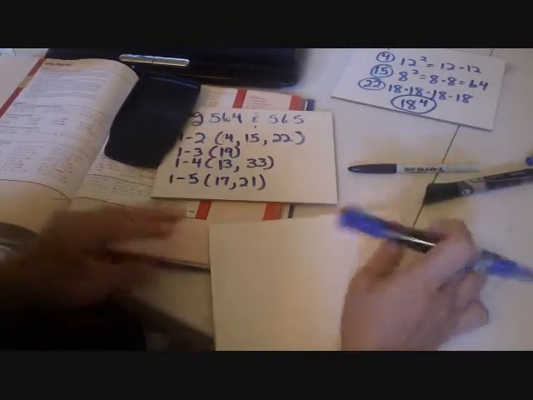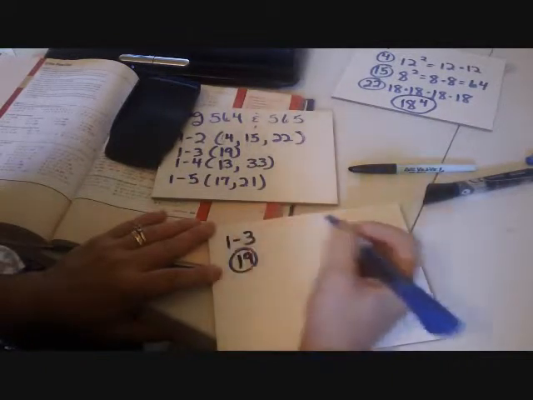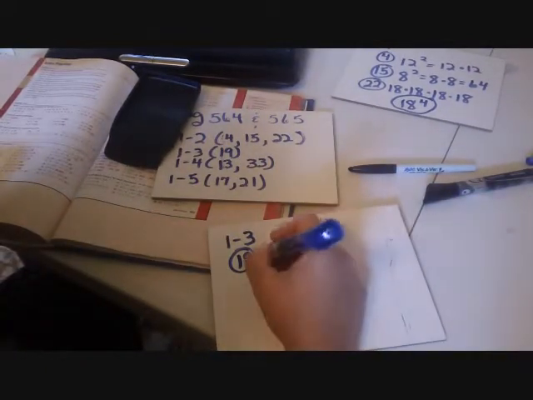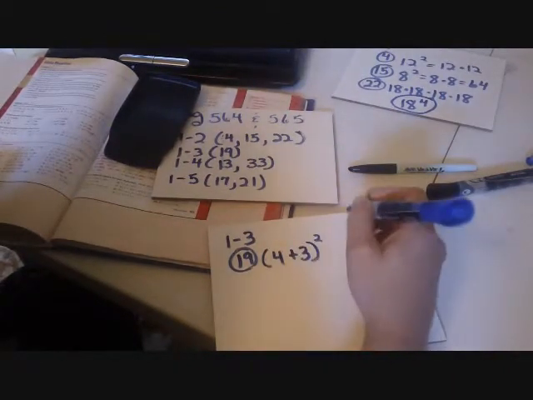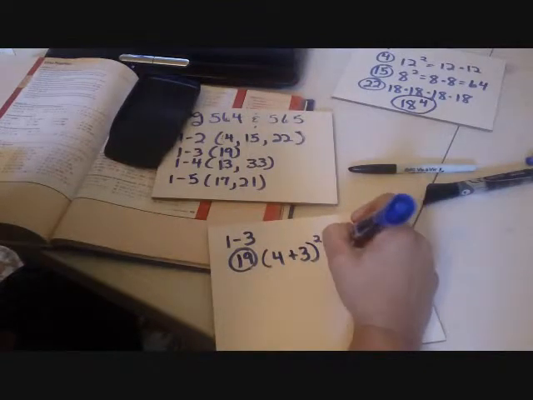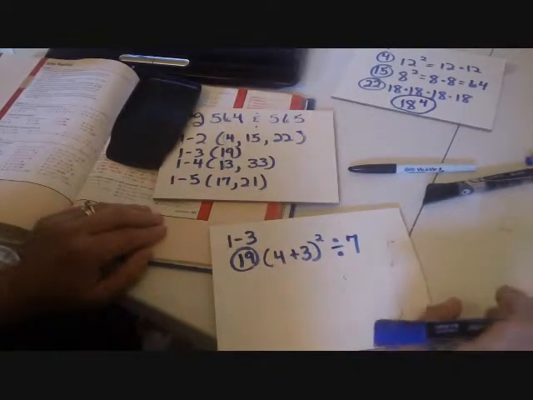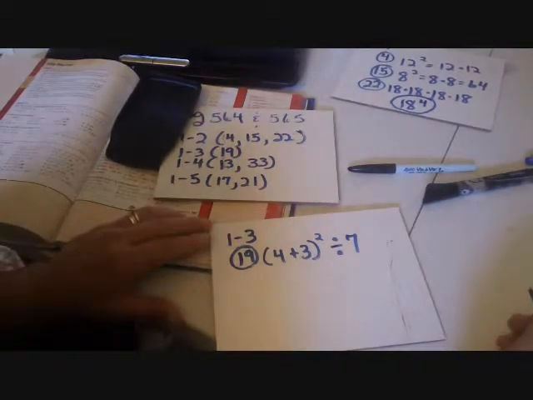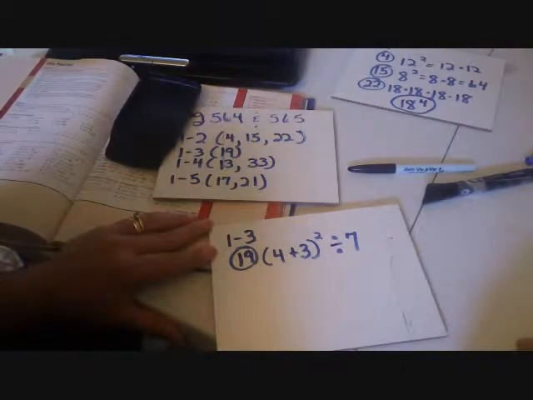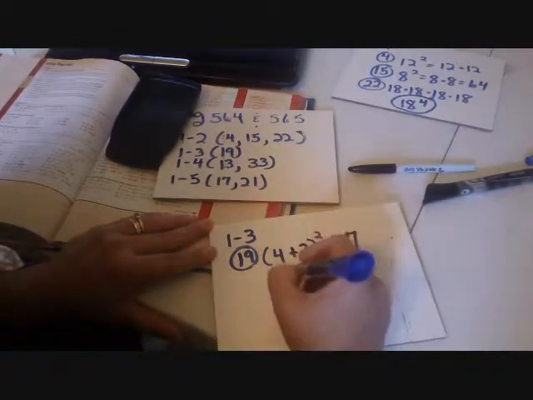Okay, moving right along. On lesson 1-3, I've chosen to do number 19. Number 19 is an order of operations problem, and it's 4 plus 3 in parentheses squared divided by 7. In order to do this, I need to think about the order of operations. The order of operations says that I'm going to do everything in parentheses first. So, I'm going to say 4 plus 3, and that gives me 7.